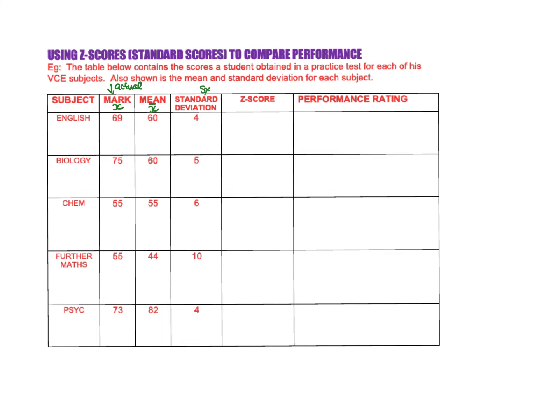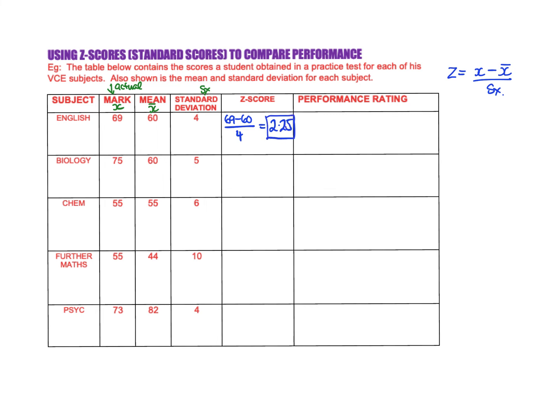Remembering the Z-score formula was the actual minus the mean, divided by the standard deviation. So to calculate the Z-score for his English subject, I'm going to go 69 minus 60, because that's his actual, divided by 4, and you'll end up with a Z-score of 2.25.